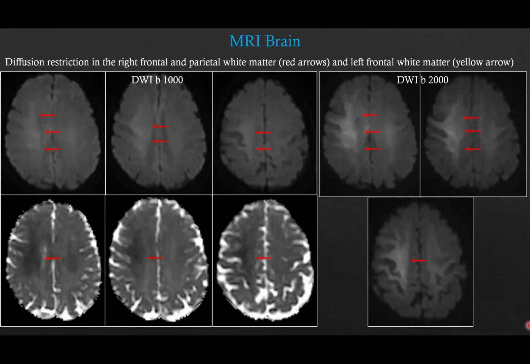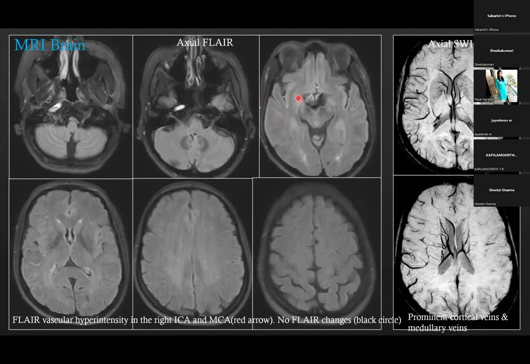On FLAIR, there are no corresponding changes. If you look at the SWI, prominent veins are seen in the right cerebral hemisphere compared to the left. Now, FLAIR vascular hyperintensity is seen within the ICA in its petrous segment, and also in the MCA branches in the sylvian fissure.